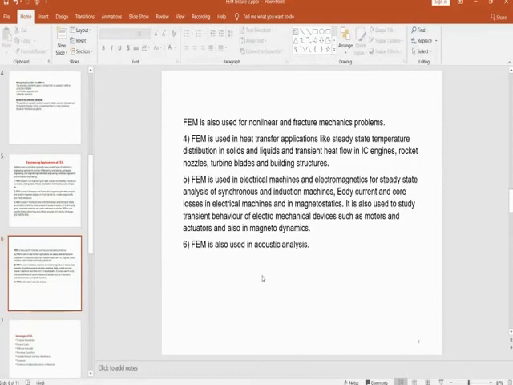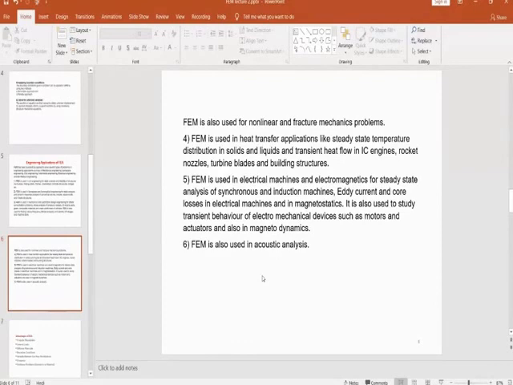Transient means what? Time dependent, which changes with time, are called transient processes. So FEM is also used to analyze the transient, time dependent heat flow. Steady state means the heat flow is constant, it does not change with time, and is called steady state heat flow. Transient heat flow means that which changes with time.